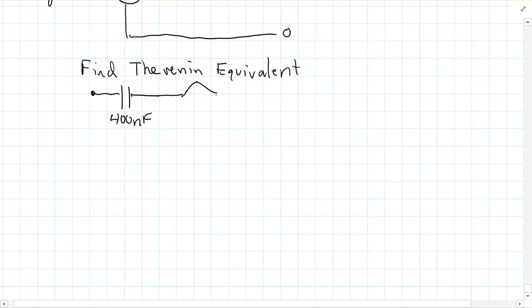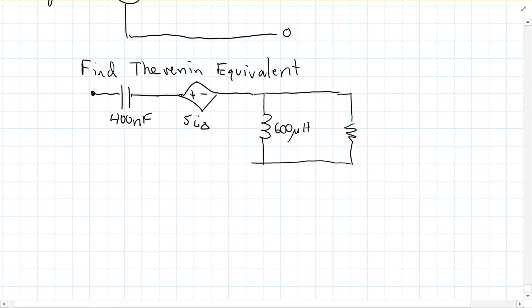We're given a dependent power supply, which is 5 I delta. And then we're given 600 microhenries, and then a 30 ohm resistor.